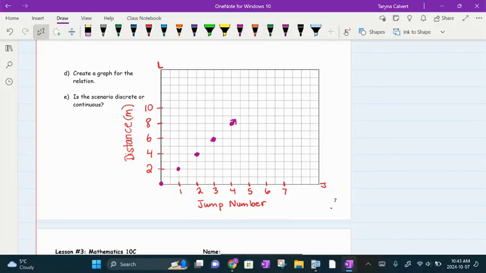And then again, is it discrete or continuous? Discrete. And if I asked you why, will you be able to explain it? Perfect. So something along those lines, because I will ask you, discrete or continuous, explain why. So maybe start practicing your words. Explain the why there too.